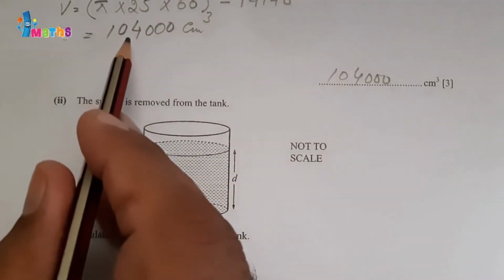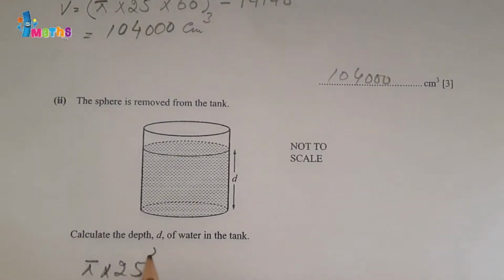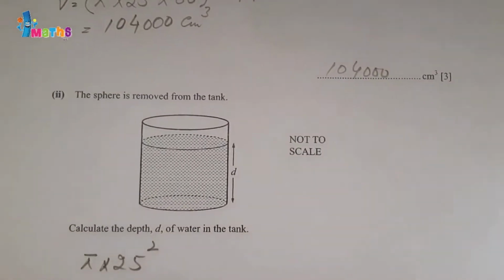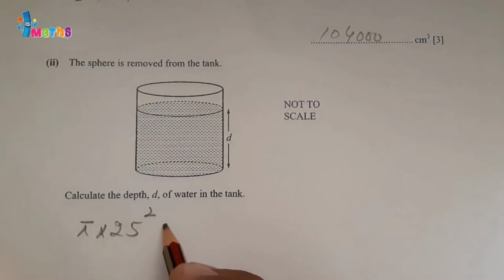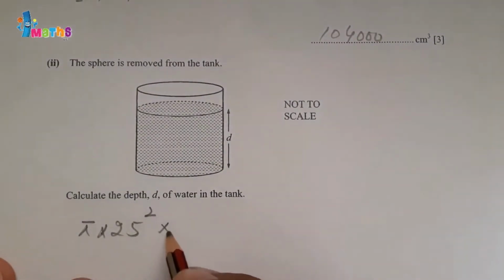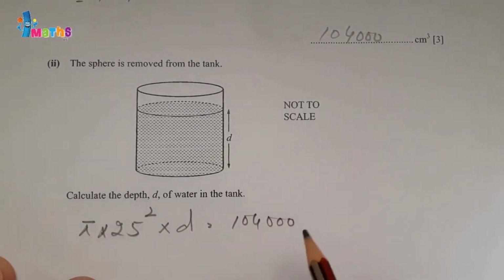So volume of water without sphere, if we find the volume of this one, pi r square, the r is 25, so pi into 25 square multiply by d should be equal to 104,000.